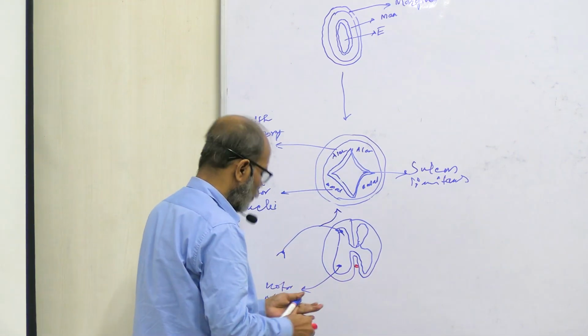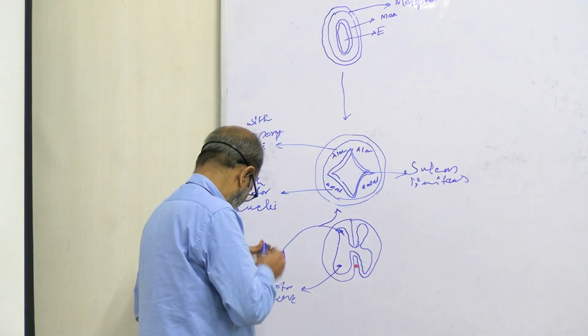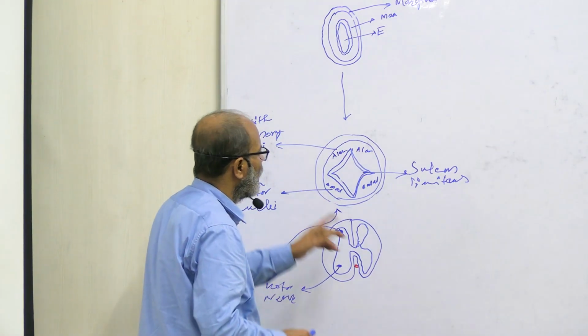Alright. Let us ponder upon what the nerve nuclei are in the alar and basal lamina.